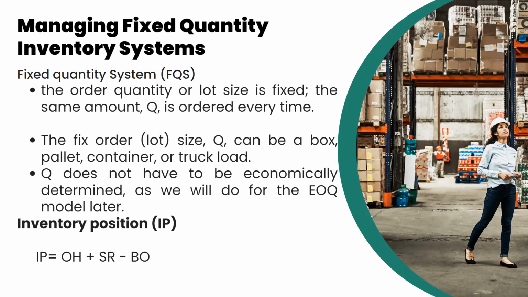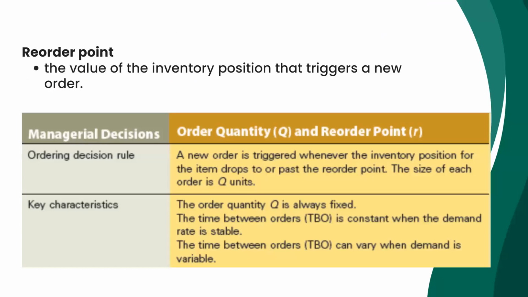And then Q does not have to be economically determined as we will do for the EOQ model later. And then for inventory position, IP is equal OH plus SR minus BO.